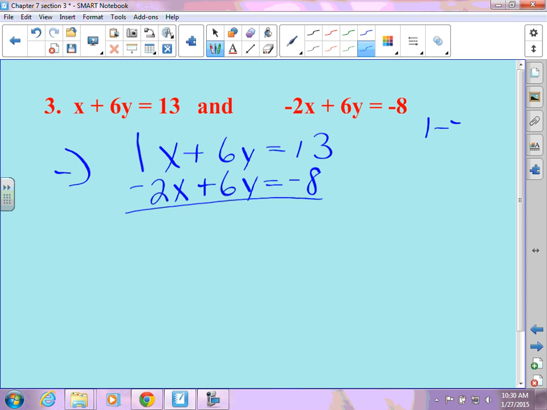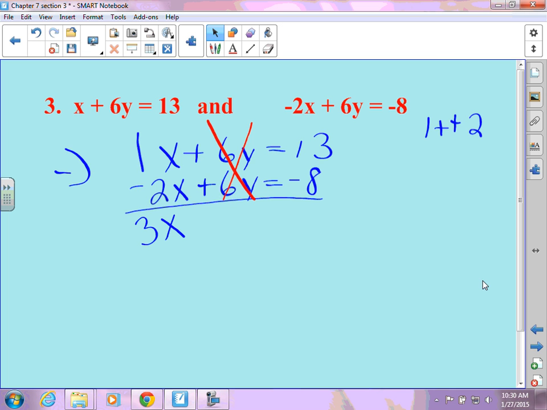Equals 13 minus a negative 8. So 13 minus a negative 8, you get a plus plus. So you end up with a positive 24. Right? I'm going to divide by 3 on both sides. X gives me 8. Am I done?